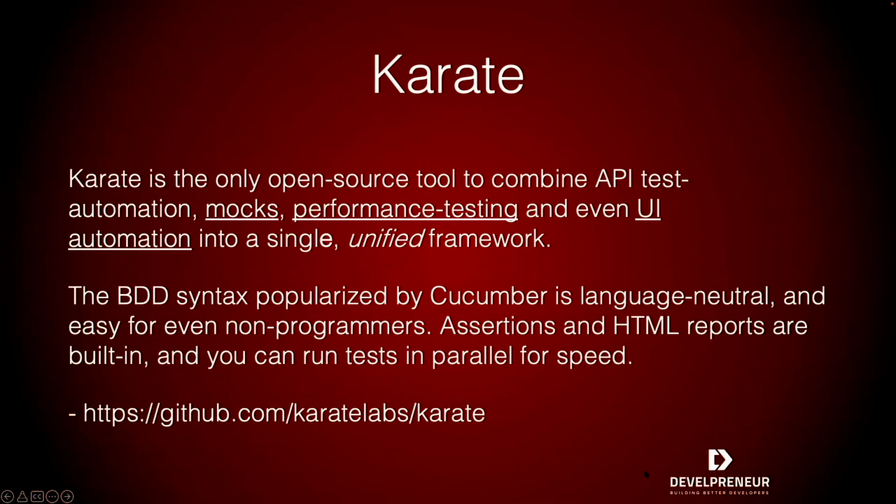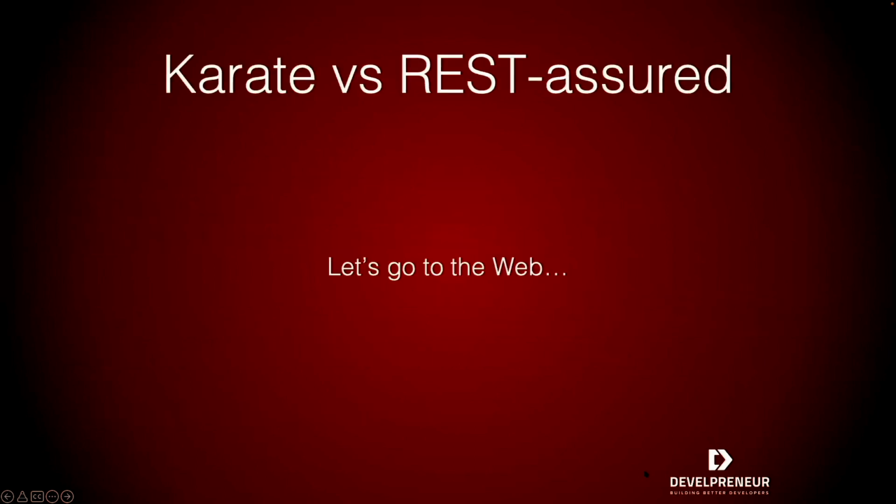So it is a Gherkin-like framework. And what's nice about it is it does have a Java hook where you can use Java to expand upon your Karate test. It doesn't necessarily need Java. It can use JavaScript and become an open standard for even non-programmers. And we'll look at that a little bit throughout this course.